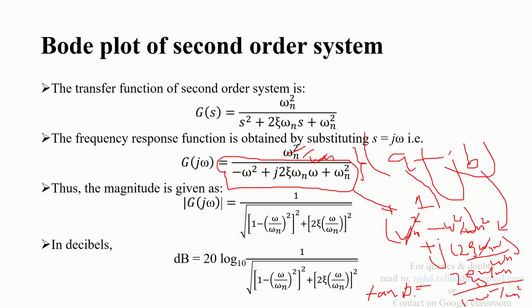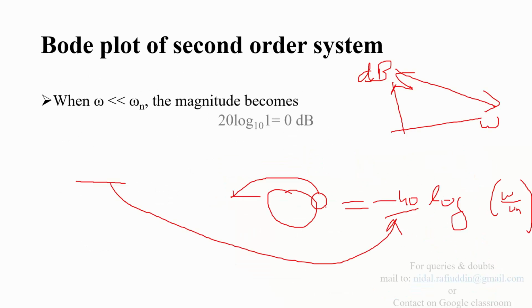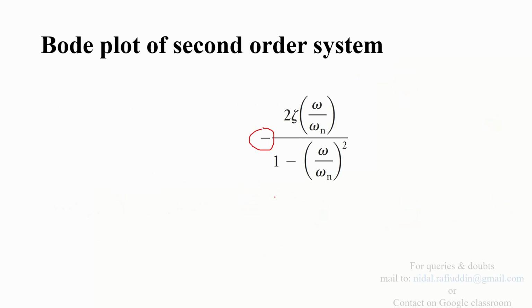Or phi can further be written as tan inverse of minus 2 zeta omega by omega n over 1 minus omega square upon omega n square. So this is what is written here.